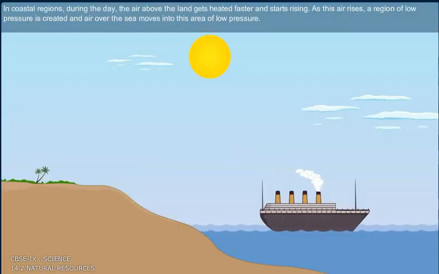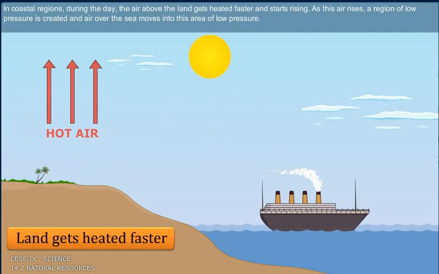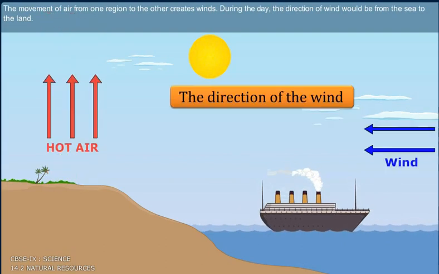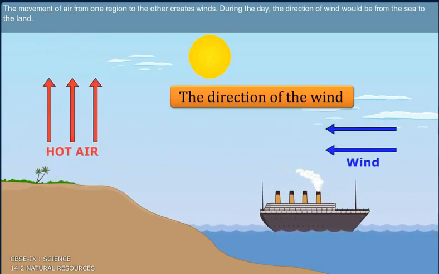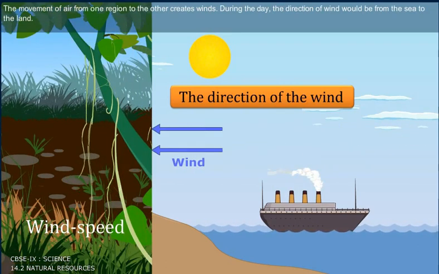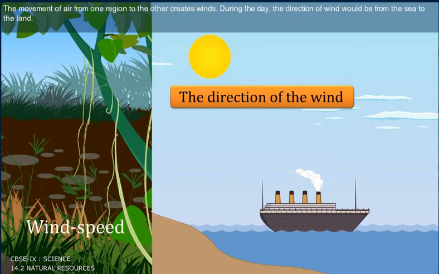In coastal regions, during the day, the air above the land gets heated faster and starts rising. As this air rises, a region of low pressure is created and air over the sea moves into this area of low pressure. The movement of air from one region to the other creates winds.